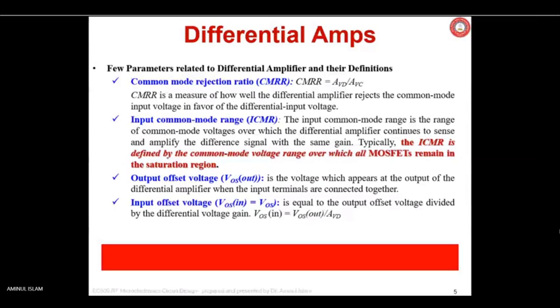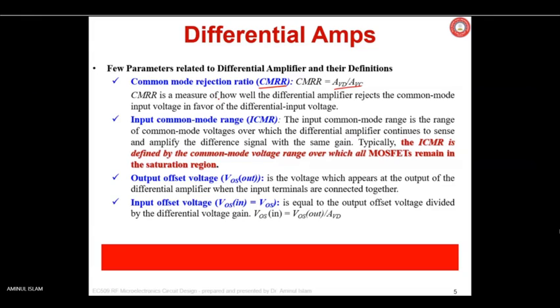Now some definitions, like CMRR. One of the most important definitions regarding the differential amplifier as well as the operational amplifier. It is defined as the common mode rejection ratio, that is AVD divided by AVC: differential mode voltage gain divided by the common mode voltage gain.